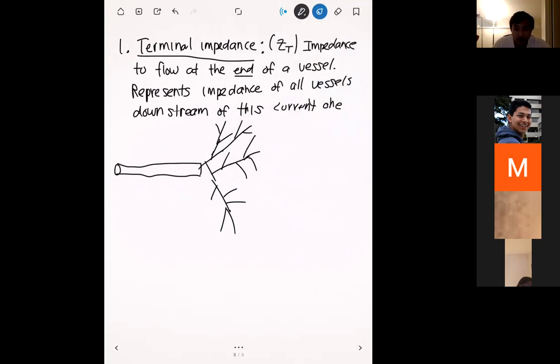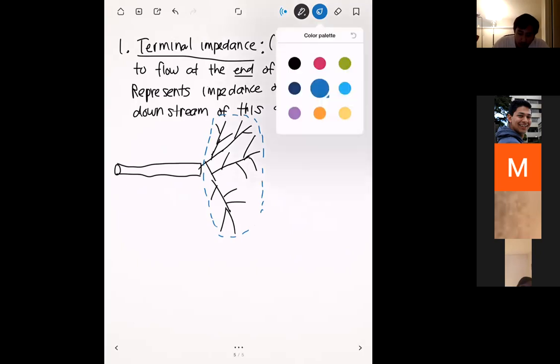Because we have all these vessels down here, each of those vessels is going to impede the flow in its own way. So what the terminal impedance says is that, instead of worrying about all these different vessels, if we sum up the total effect of all of their impedance, that's going to be the same as a terminal impedance.